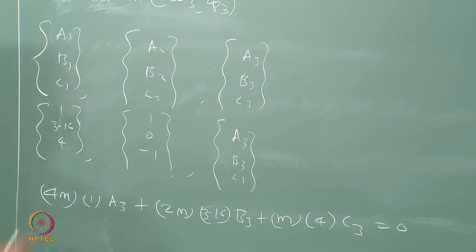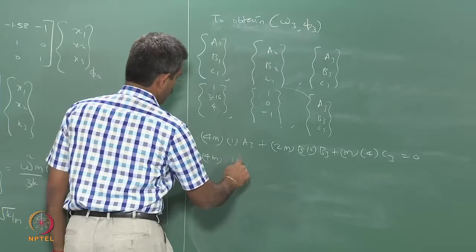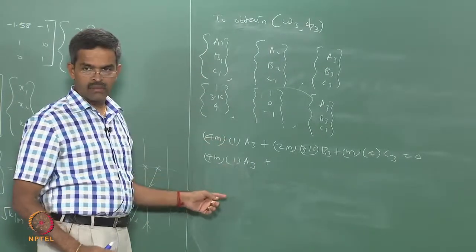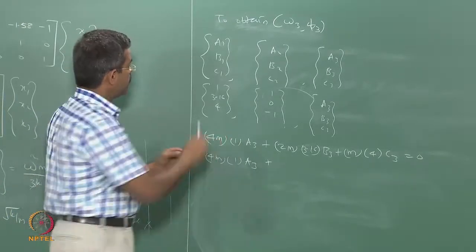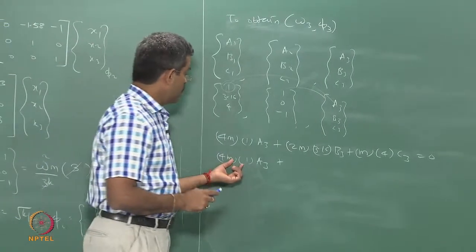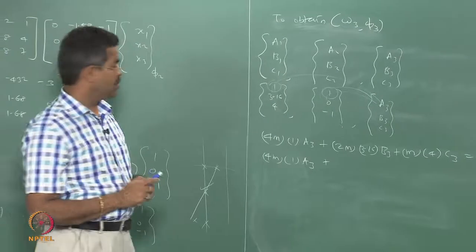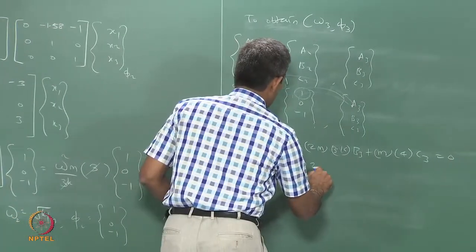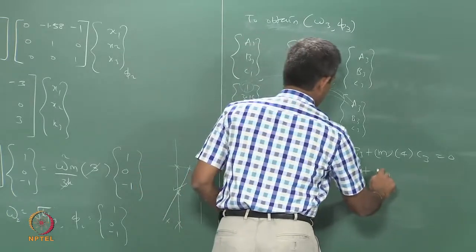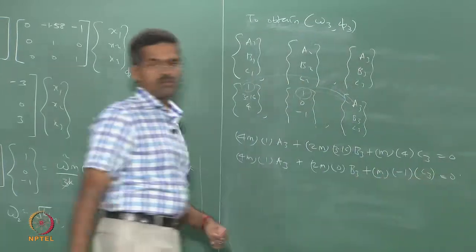Similarly, the second equation, I am now talking about these two combinations, 4m of 1 of A3. Unfortunately, these two terms will look alike. This term is from this multiplier to A3, whereas this term is m of this multiplier to A3, plus 2m of 0 of B3 plus m of minus 1 of C3 set to 0.